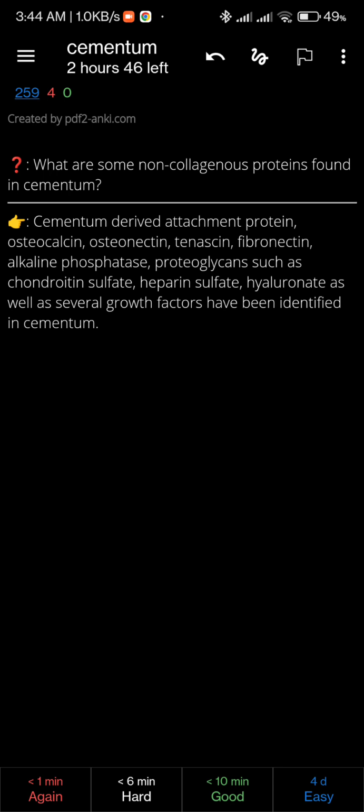Proteoglycans include chondroitin sulfate, heparan sulfate, and hyaluronate, and several growth factors have also been identified in cementum.